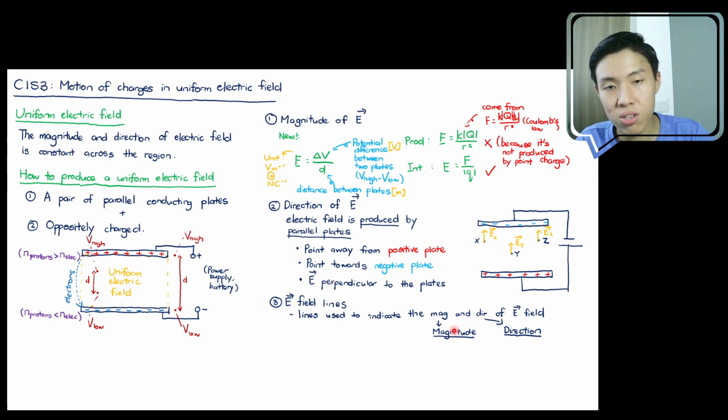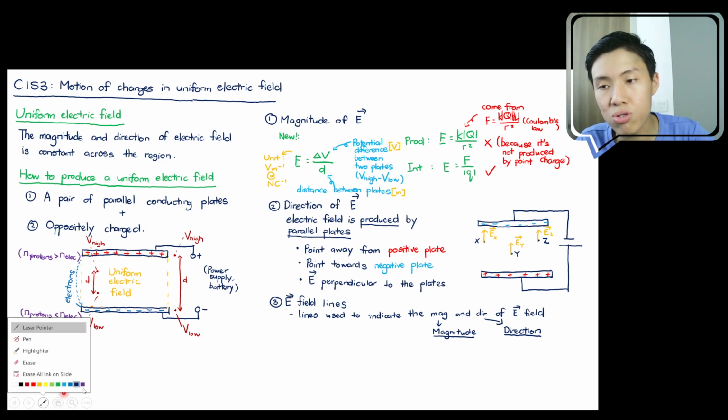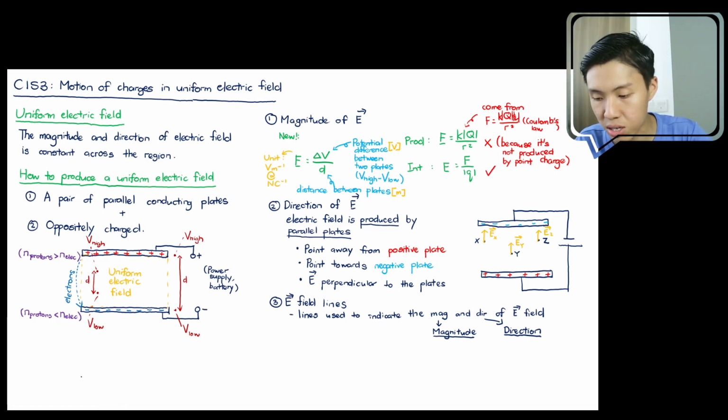Okay, for magnitude, the electric field line will tell you how strong or how weak the electric field is by looking at the density of the lines.